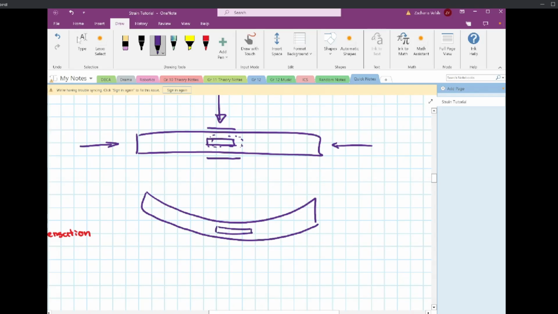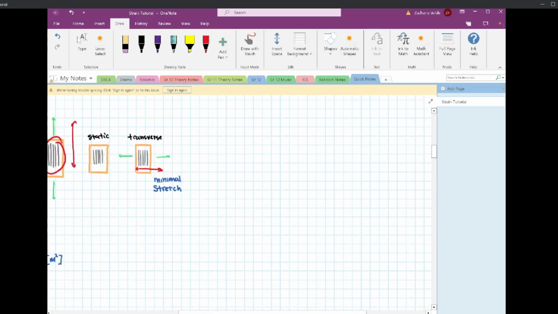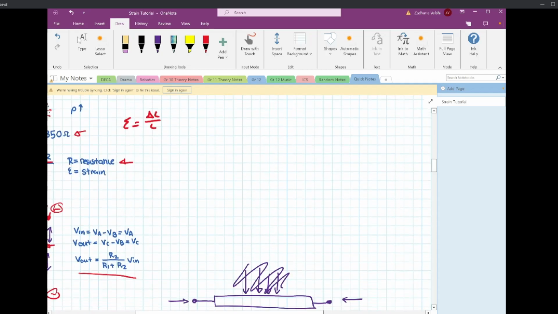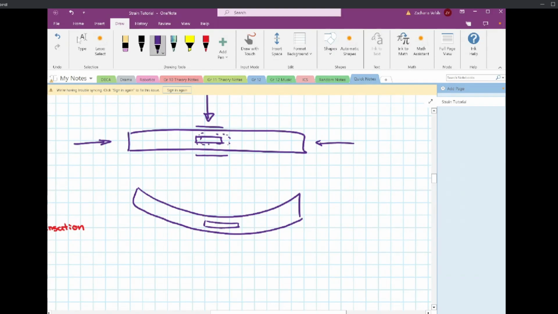If you remember from earlier, strain gauges are designed to really only see forces in the axial direction they're placed on, not the transverse direction. The ones on the side are not going to get stretched out as much, because they get stretched in the other direction.